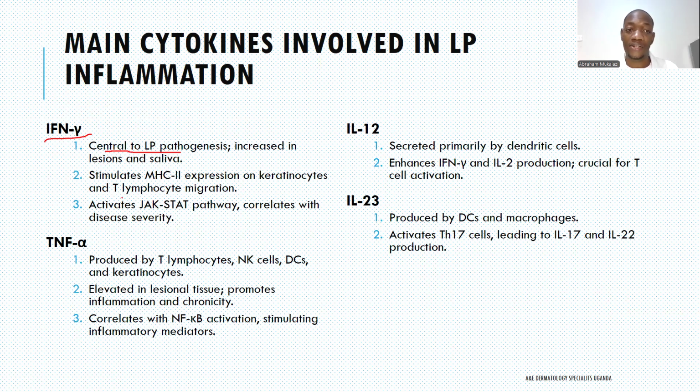It is increased in lesional skin and in the saliva of patients with oral lichen planus, and it stimulates major histocompatibility class 2 expression on keratinocytes and T cell migration. It also activates the JAK-STAT pathway, and this correlates with disease severity.